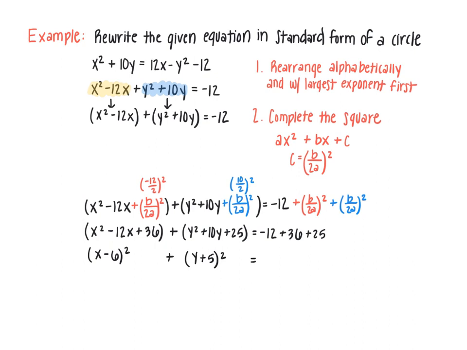And if I clean up the right-hand side of the equation, I get 49. So what this tells me is I have a circle with a center at 6, negative 5, and my radius is equal to 7 because that's what the square root of 49 is.